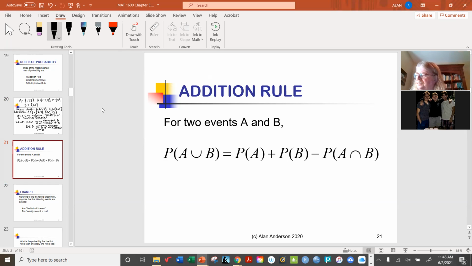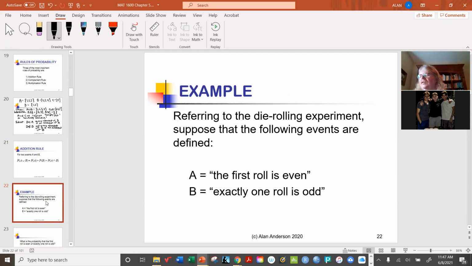Okay, let's do an example. So let's see. Suppose we go back to our original case of the die rolling experiment. So recall the sample space is EE, EO, OE, and OO.